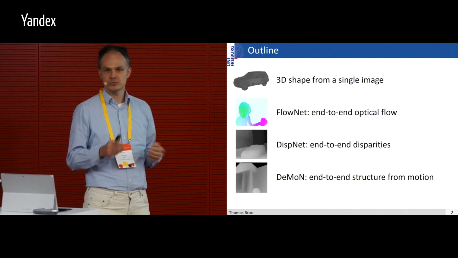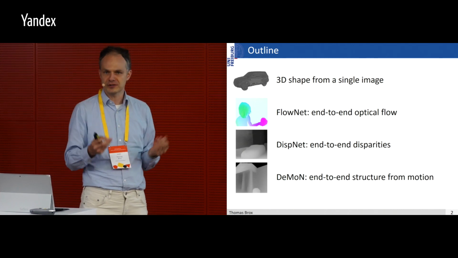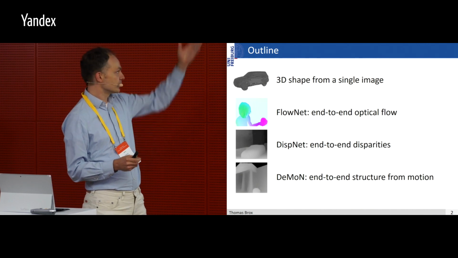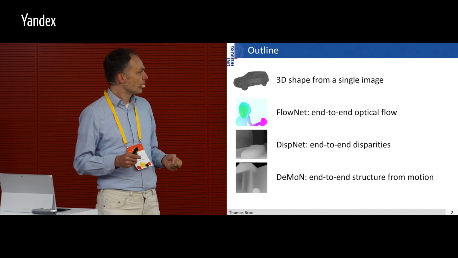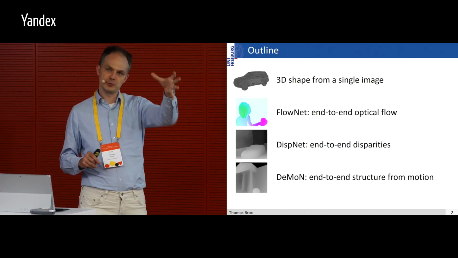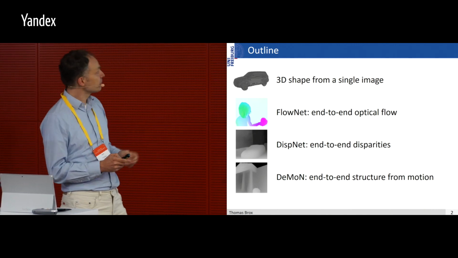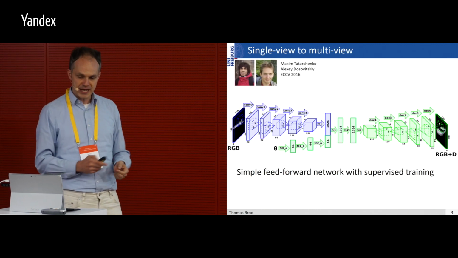So optical flow, you can train a network to compute optical flow directly, and it will establish correspondences, and this will be the basis for also estimating disparities in stereo images or to do structure from motion. So if you have a monocular camera and you move it through the room, you can get depth maps from these cameras. So I will start with this depth from single image, or actually not depth, but really 3D shape.